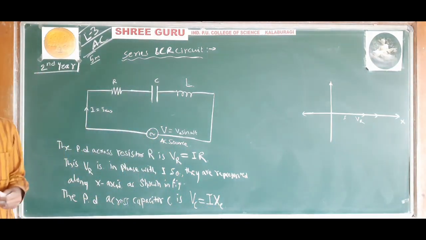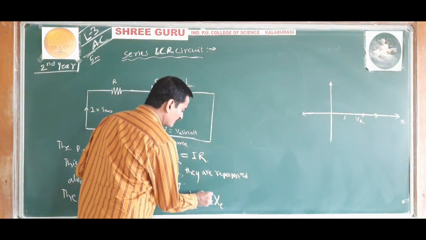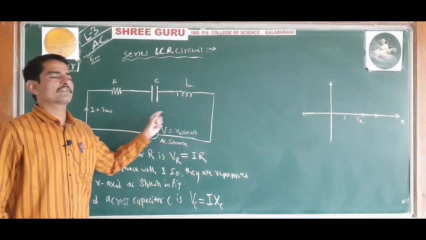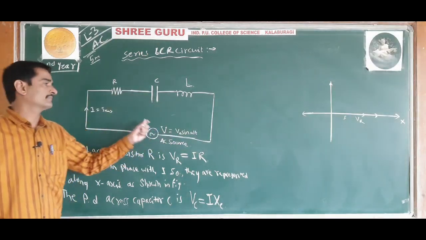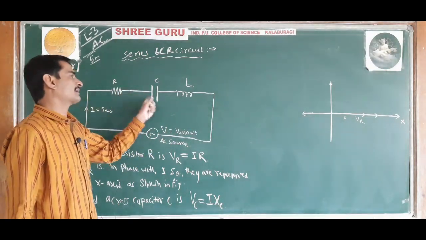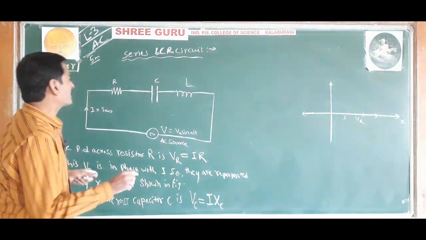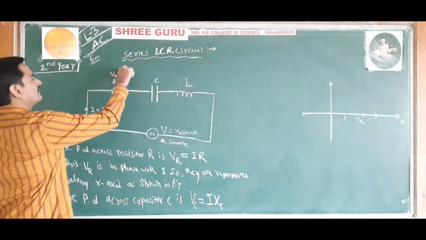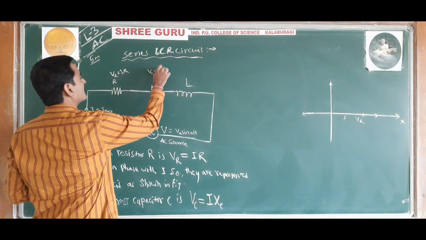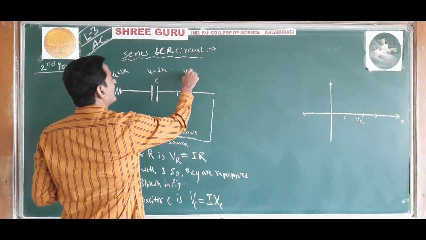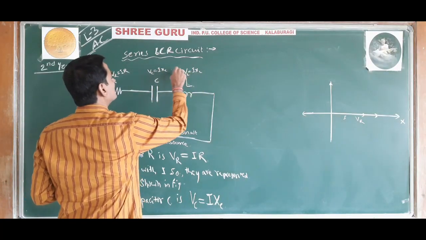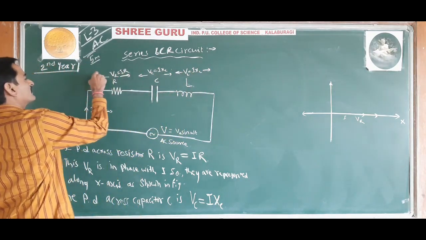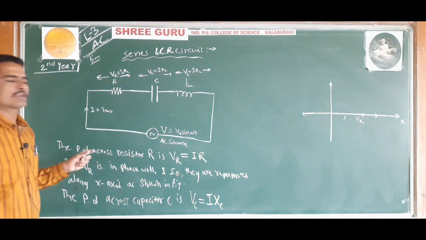Since these are all in series, the current flowing through resistor, capacitor and inductor will be the same, but the potential difference will be different: I into R, I into XC, and I into XL. That is what we have studied in current electricity.